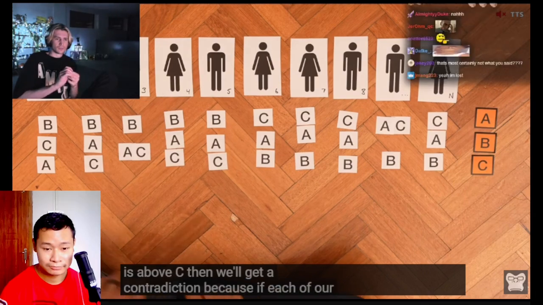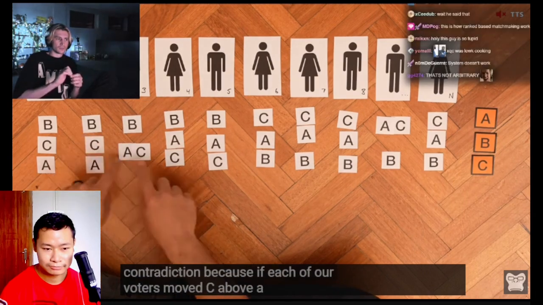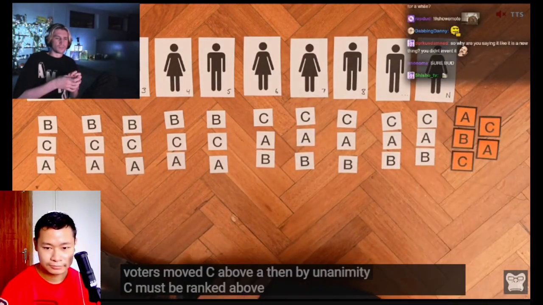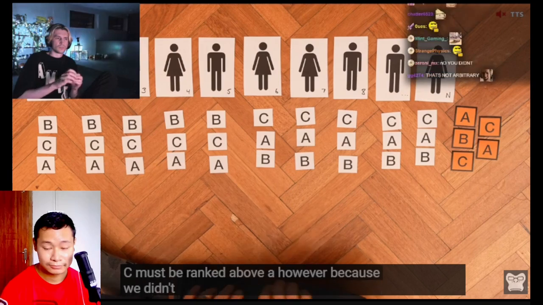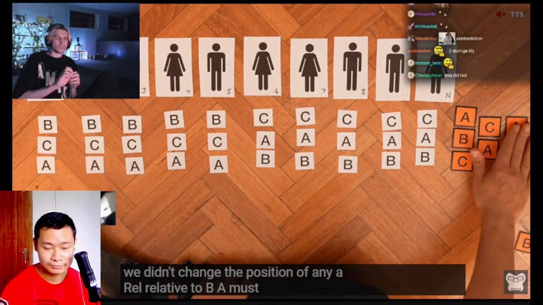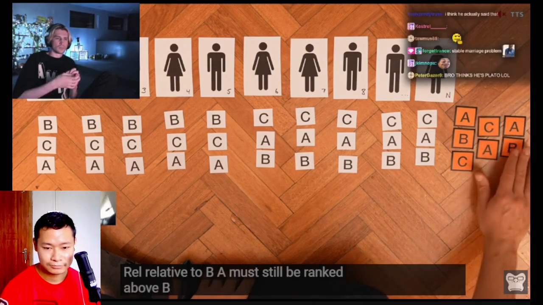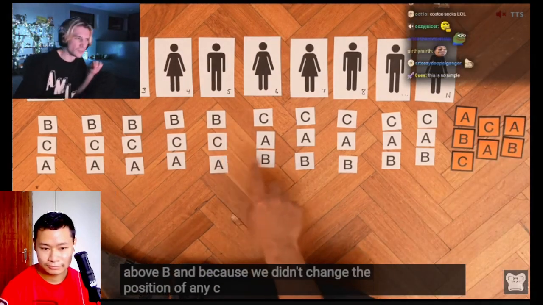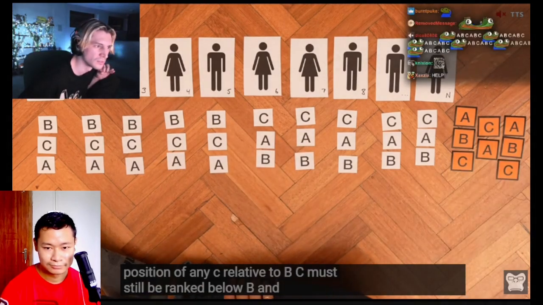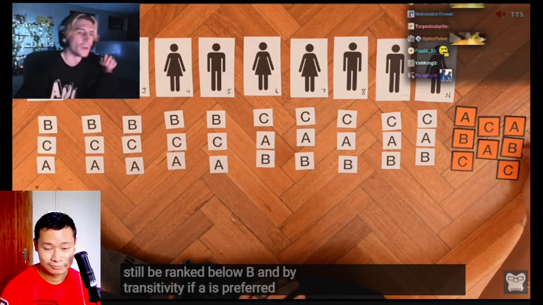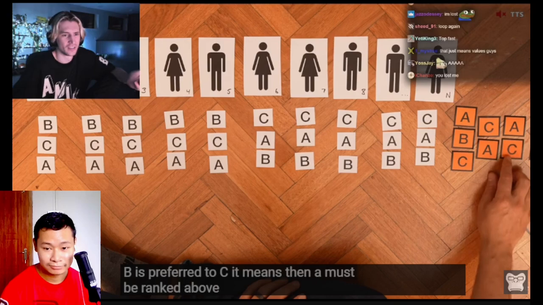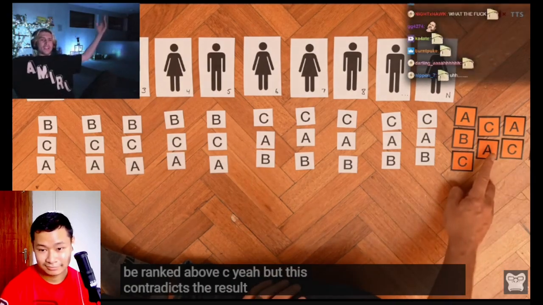Because if each of our voters moved C above A, then by unanimity, C must be ranked above A. However, because we didn't change the position of any A relative to B, A must still be ranked above B. And because we didn't change the position of any C relative to B, C must still be ranked below B. And by transitivity, if A is preferred to B and B is preferred to C, then A must be ranked above C. But this contradicts the result by unanimity.